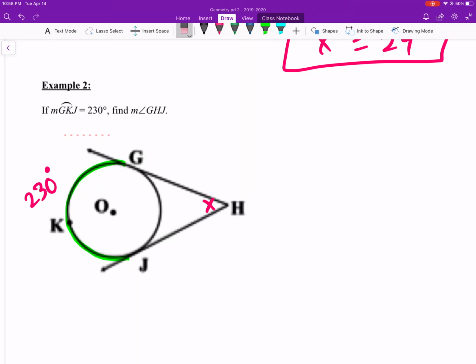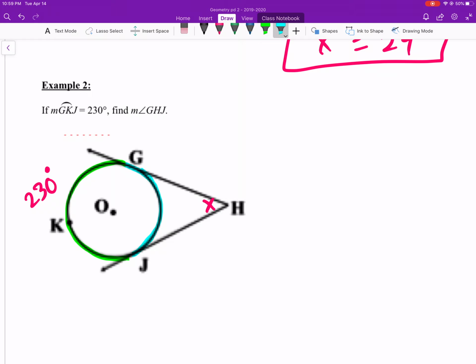So how would we find this minor arc right here? Well, hopefully you're noticing that that minor arc completes the circle. This green line and then the blue line, that's the whole circle, 360 degrees in its entirety. So once again, you take that 360, that's part of the reason we had that do now today.